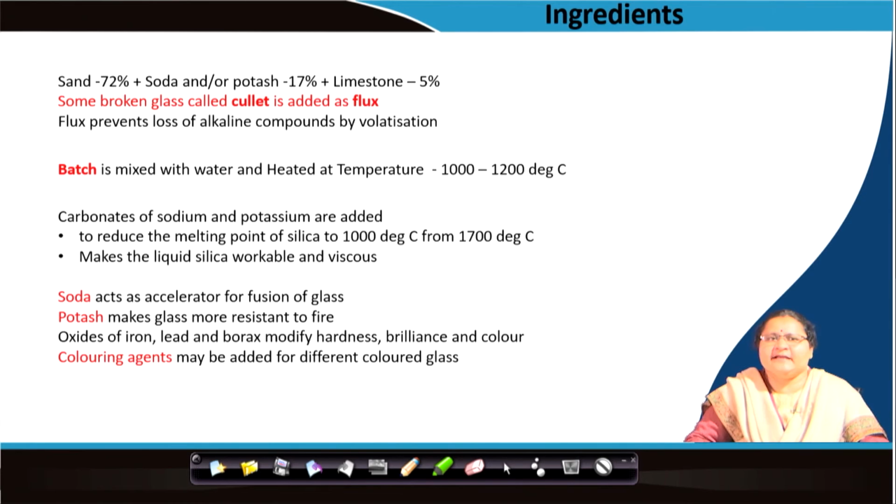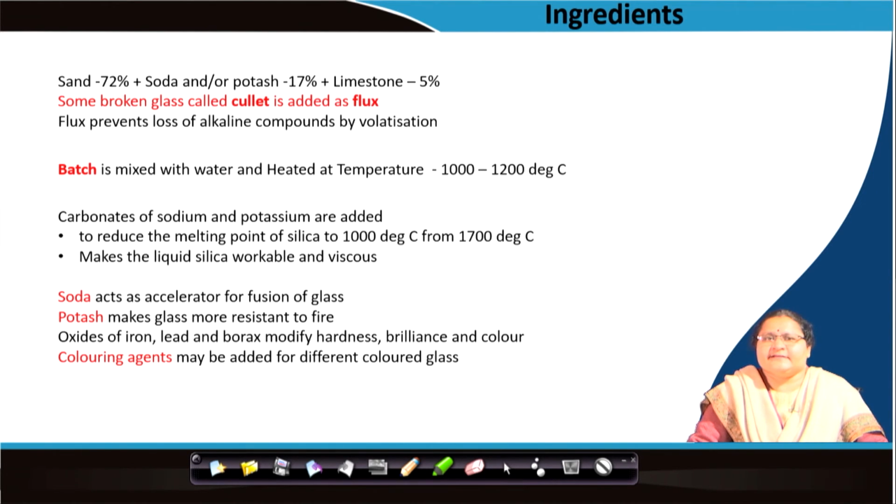By adding oxide of iron, oxide of lead, you can change hardness, brilliance, and color. Brilliance is for glass made for manufacturing lights, which is not our domain. We can use lead to make it more brilliant. So, the brilliance increases by adding lead.